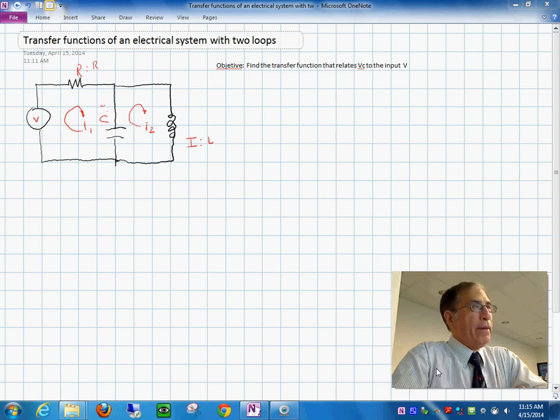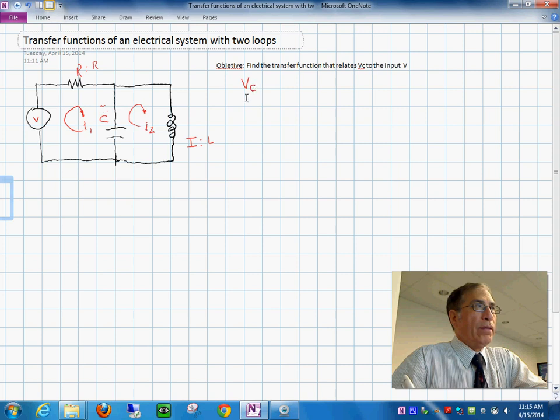So what we have in here are two loops. You can see in here simple connections, an R, C and L element in here. And the objective is to find the transfer function that relates the voltage V sub C to the input. So basically, if we can summarize it to the question, we want to know a relationship that says V sub C in relation to the input.